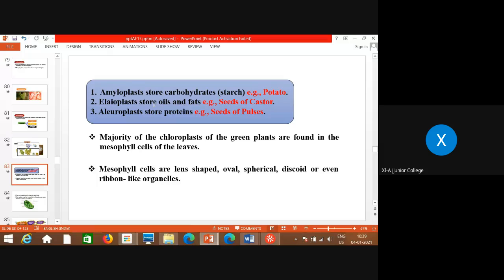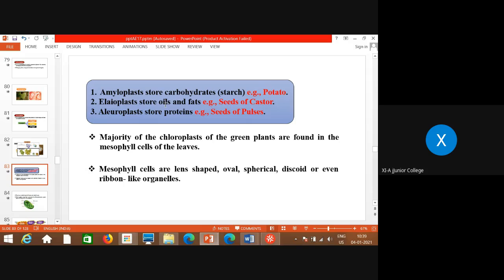The name elaioplast is because of the presence of stored material in the form of oils and fats. An example is the seeds of castor. You know castor oil, you must have heard the word. So the seeds of castor show the presence of oils and fats, and so the plastids are elaioplasts.